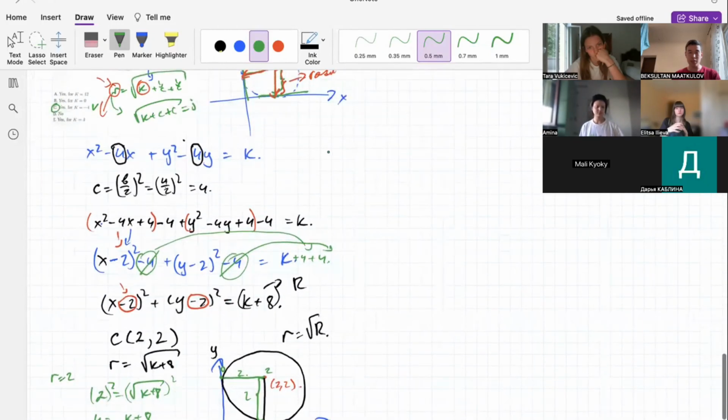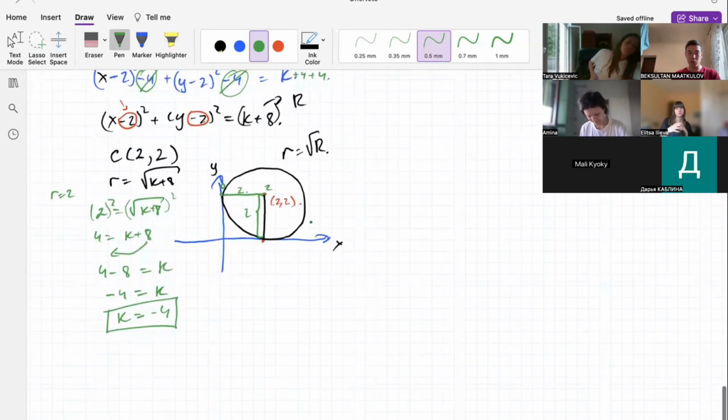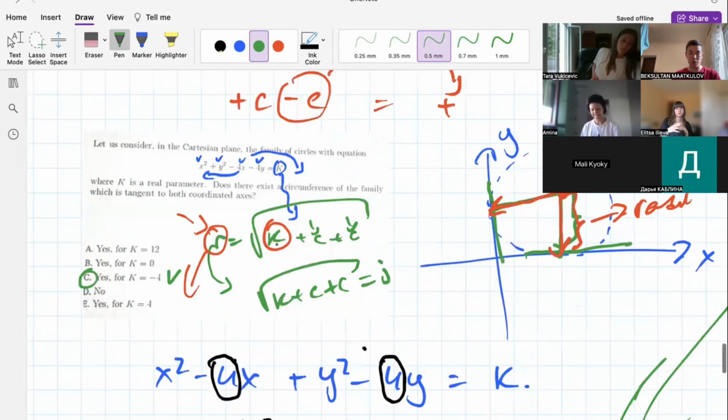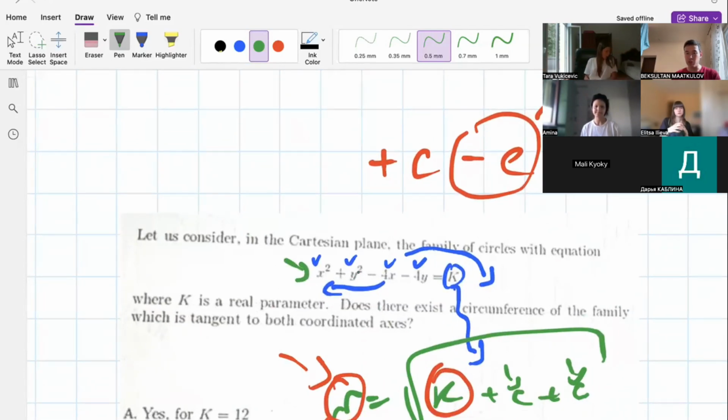Okay, this is the longest way to solve this problem. Actually, you don't have to spend that much time to solve it. You just have to look at the equation. If you're good at the equation of the circle, you will right away see that your right side is k plus 8.